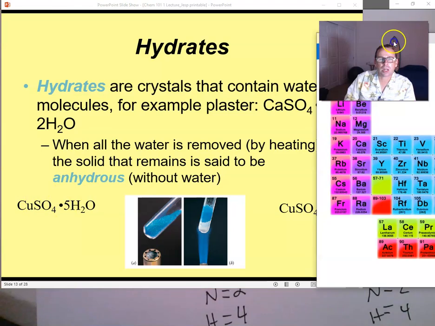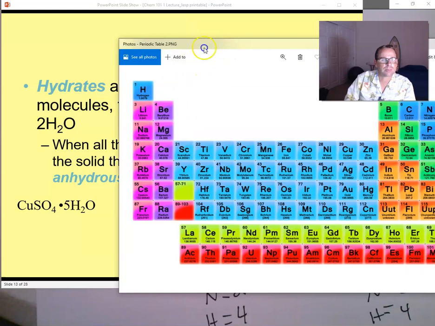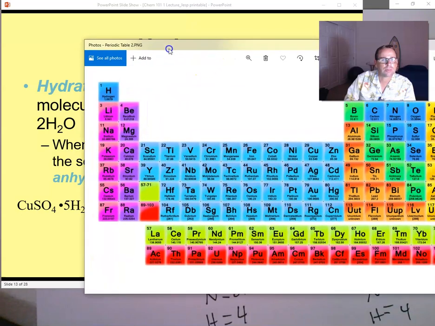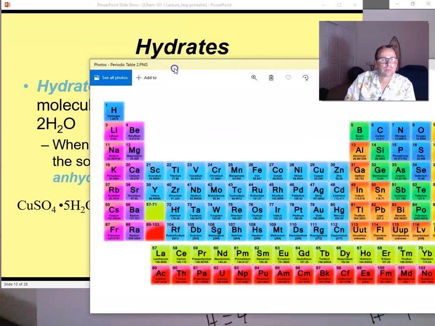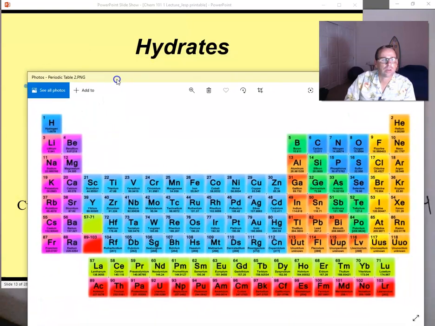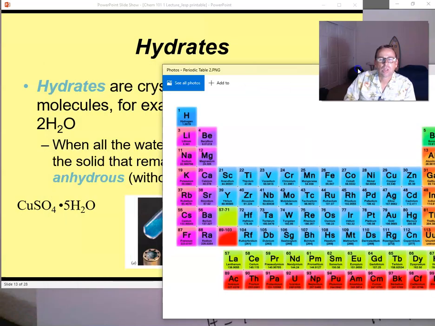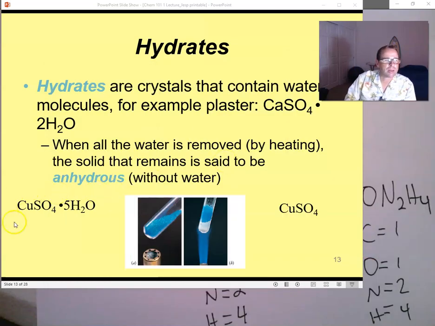If we bring our periodic table over here, can you tell me whether this is an ionic or a molecular compound? Ionic, that's right, because copper is a metal. So we have this ionic compound.